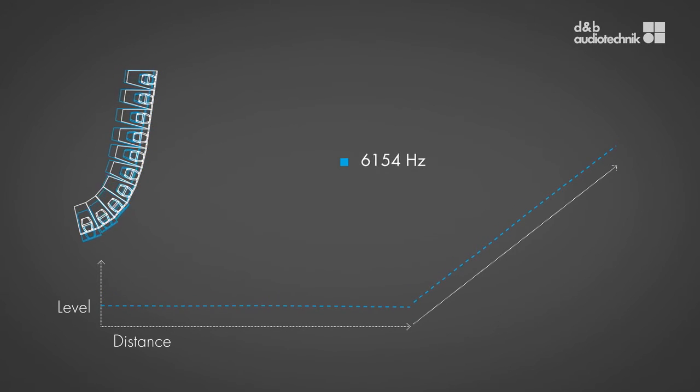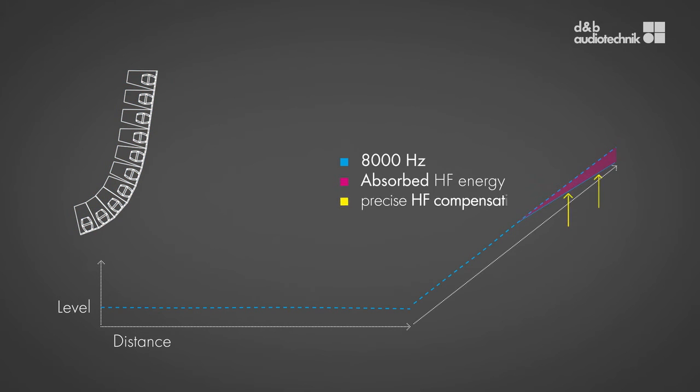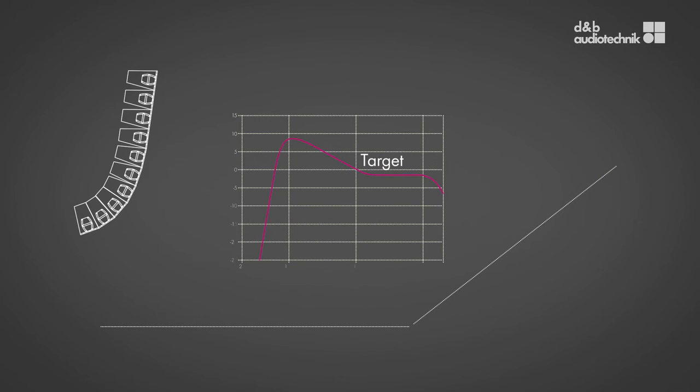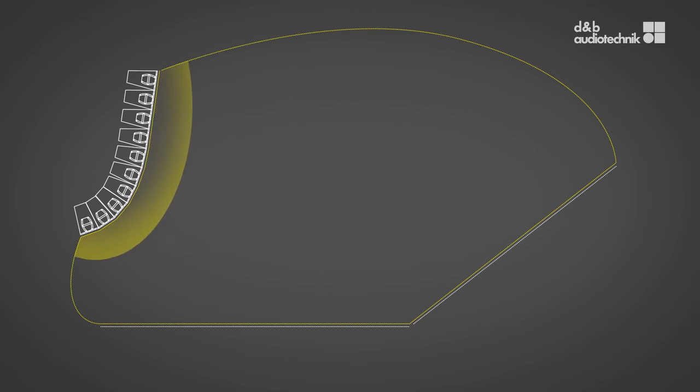Array processing also provides seamless compensation of air absorption at high frequencies. Array processing uses a general target frequency response for all arrays in a project, meaning that different arrays, for example main hang and outfill, will generate the same spectral result at the listener, despite having different length, splay settings, or even speaker type.